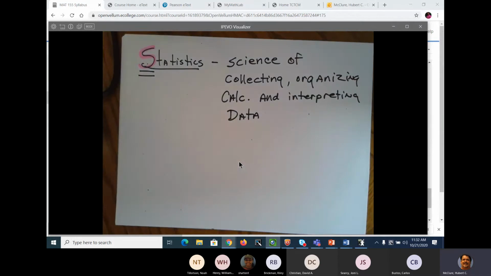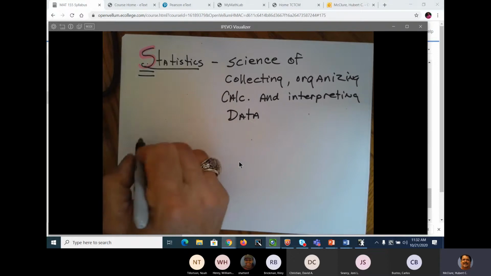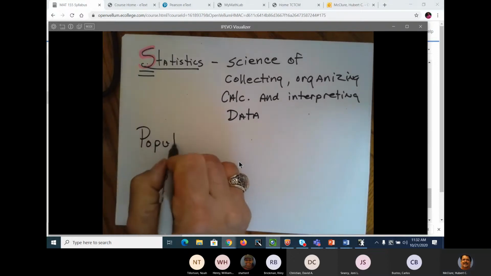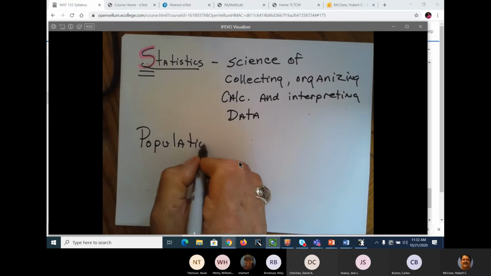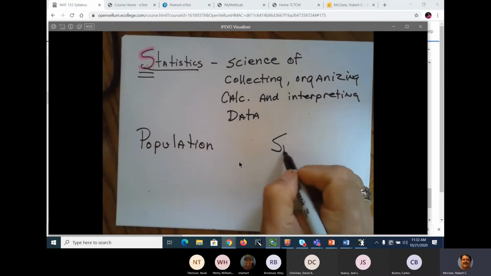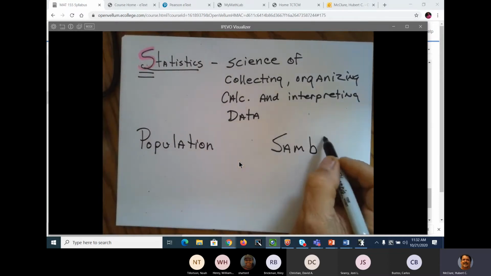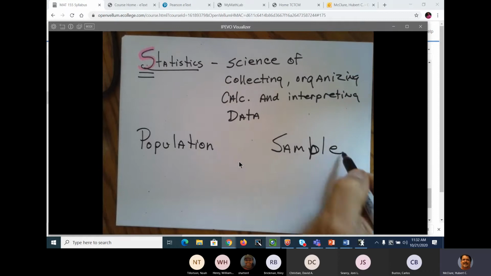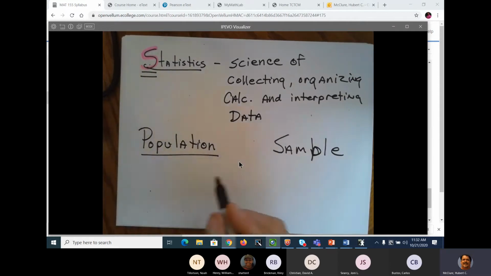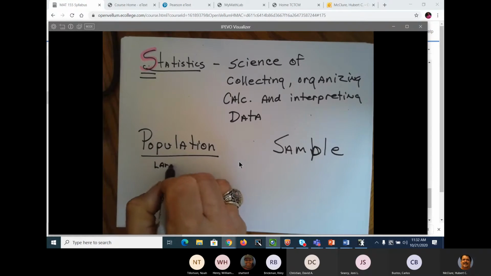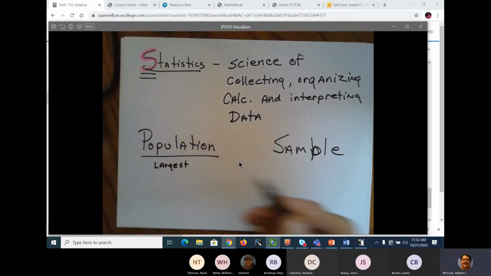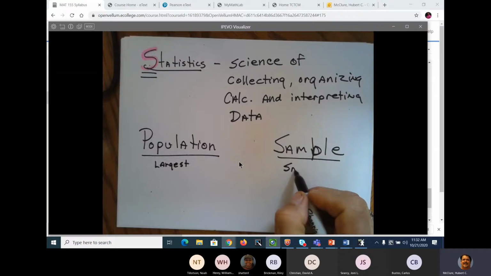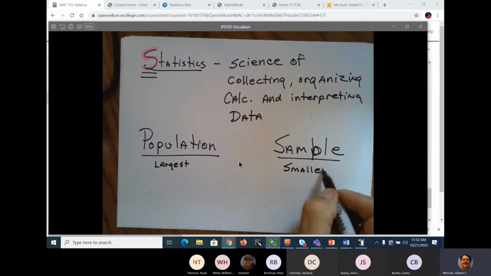Okay, and when you're dealing with data, you're going to be dealing with the population, and the sample. Population is always the largest group. The sample is always the smallest group. Okay?